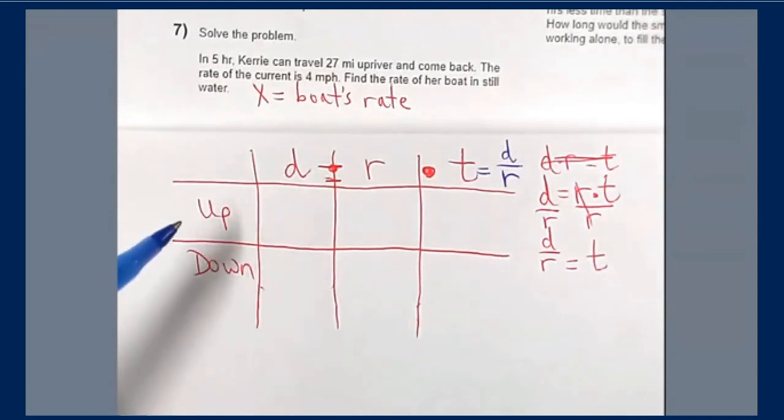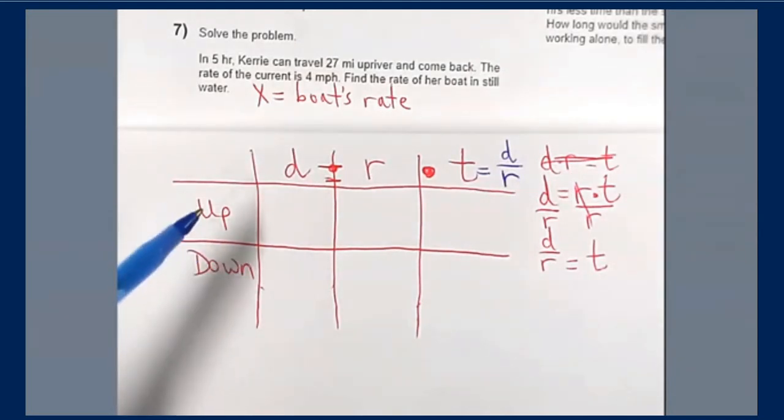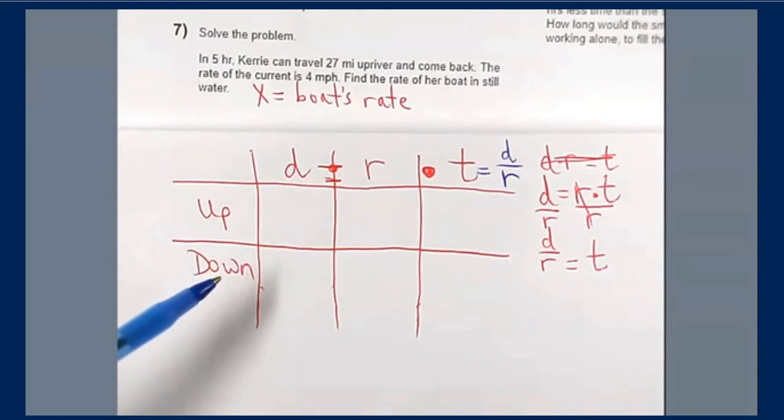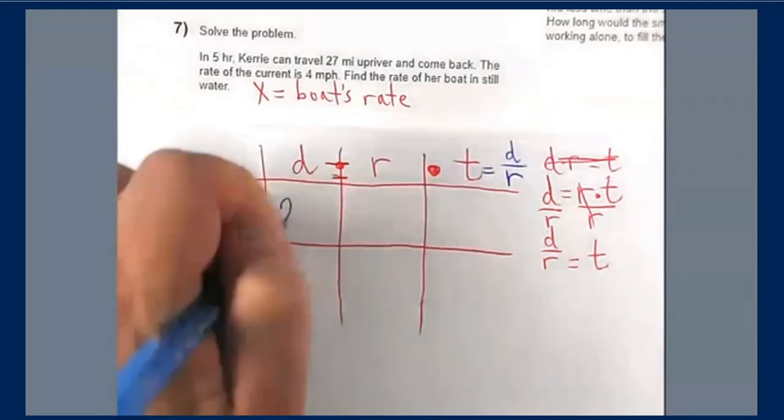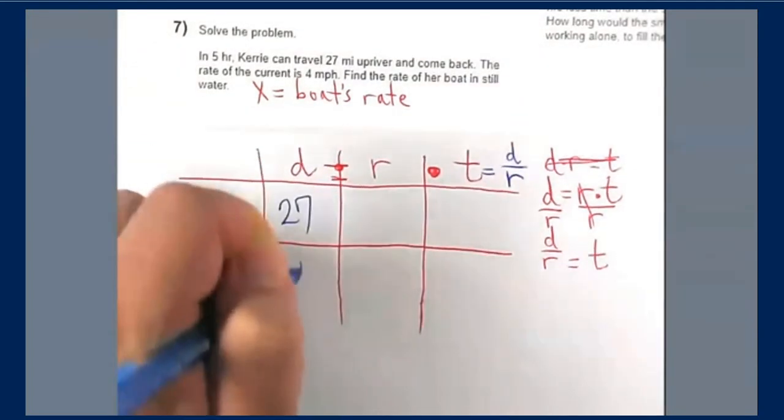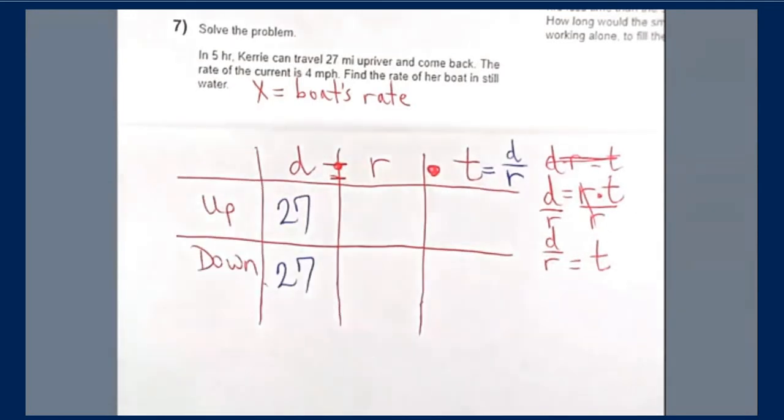Now, regardless of whether Carrie traveled up the river or down the river, her distance was the same going up and down. So distance is 27 miles. Now, to find the rate for each trip, if Carrie is going upriver, then she's going against the river's current and losing speed.